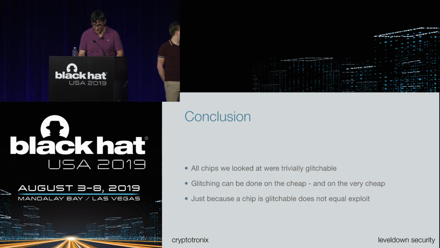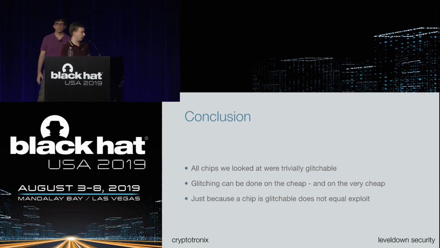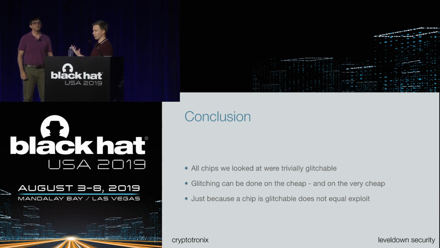And then we'll let Thomas take it. Yeah. So just as a conclusion, all chips we looked at were trivially glitchable. There are some more chips that we looked at, such as the AT7D21 and so on, and they all are very trivial to glitch. It can be done really on the cheap, as you've seen before.